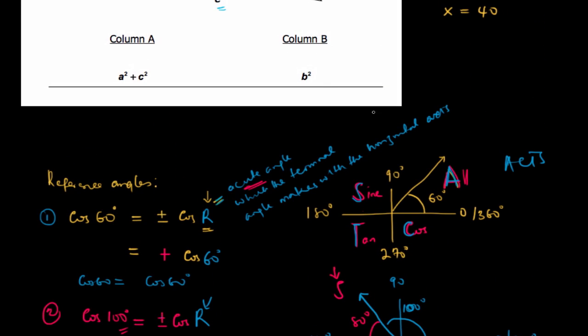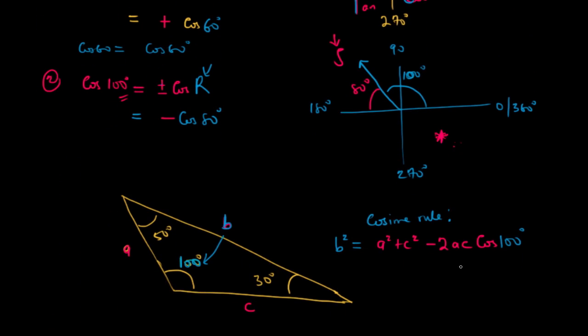Now you would see that I already have a b squared and I also have an a squared plus c squared in my equation here. But then what I showed you is that the cosine of 100 equals a negative cosine of 80 degrees. So this is just going to be a squared plus c squared, negative 2ac times negative cosine of 80 degrees. Negative times negative is going to be positive.